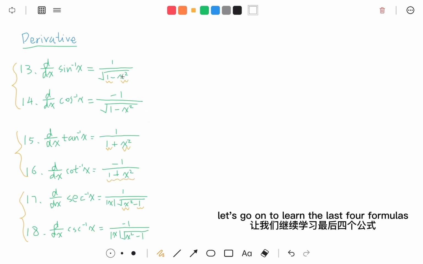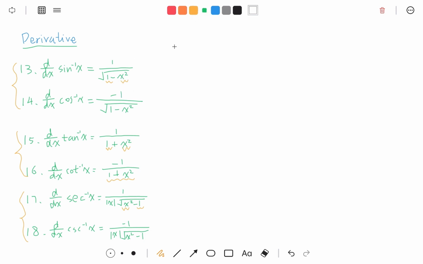And now let's go on to learn the last 4 formulas. Number 19, d/dx e to the x is equal to itself.